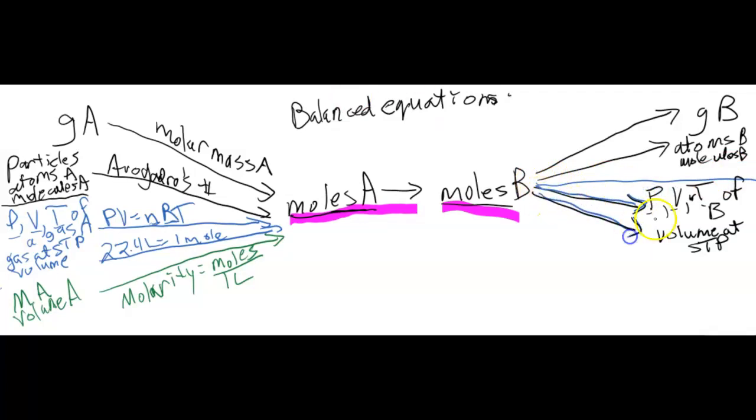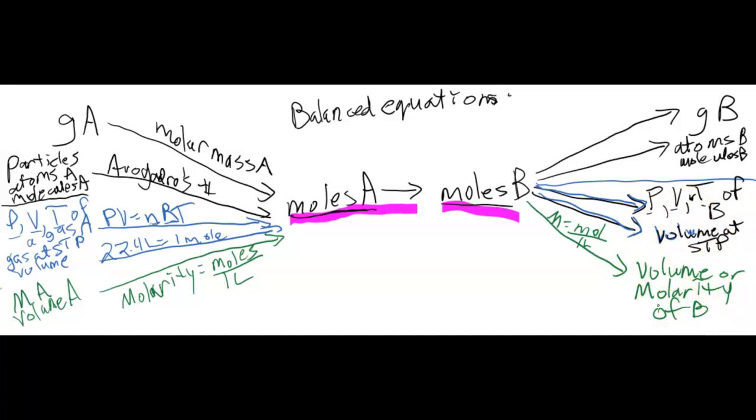And we could find the volume or molarity of B using the molarity equation. It all depends on whether we're talking about a solid, where we know the grams or the atoms and molecules, whether we're talking about a gas, or we're talking about a solution.